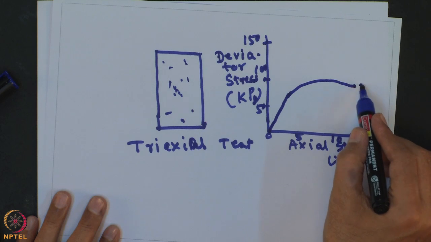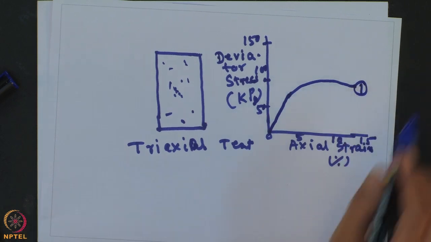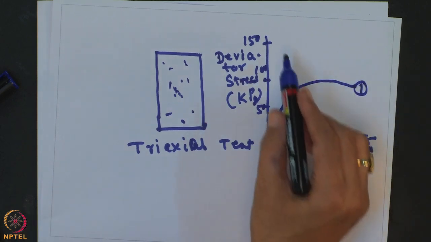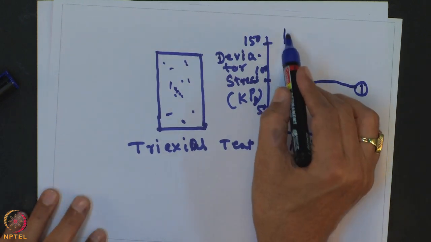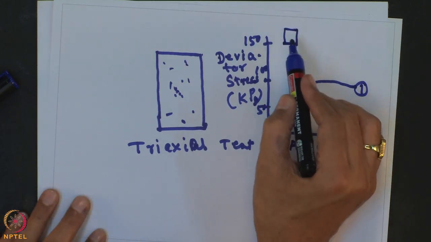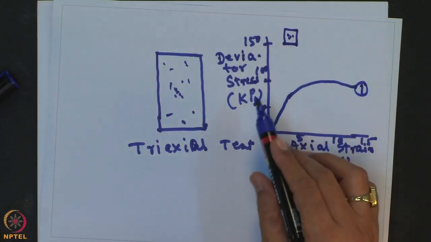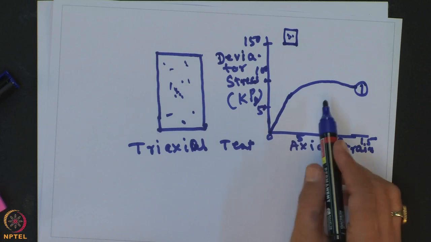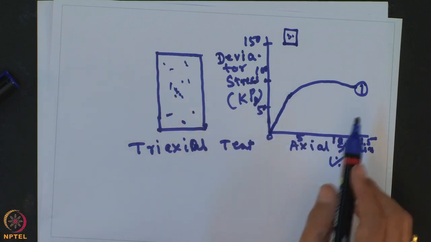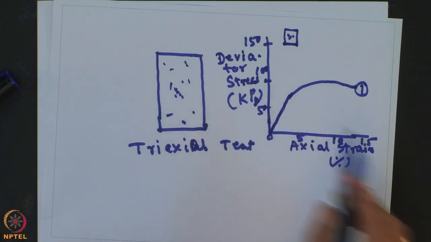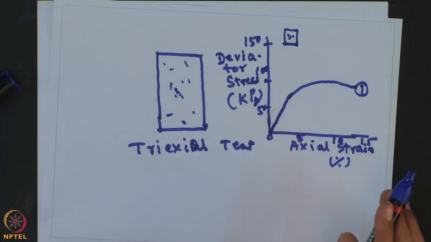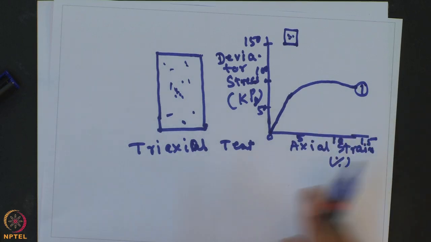This is for the unreinforced sample, where there is no geosynthetic material, only soil. You know how to perform the triaxial test by the conventional method and determine the deviator stress and corresponding strain value.